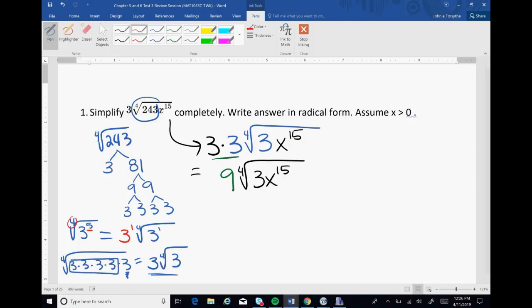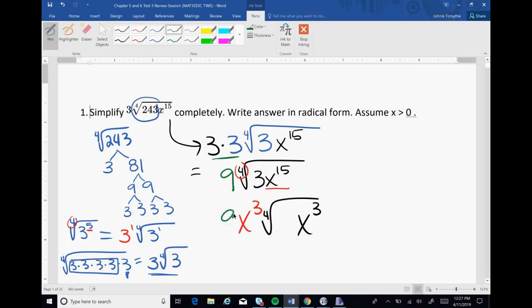Now let's take care of this fourth root of x to the 15th. 4 divides into 15 how many times? 3 times, because 3 times 4 is 12. So x to the third will be outside of the radical. But when I do that, how many do I have remaining? I have 3 remaining, so x to the third will be under the radical.